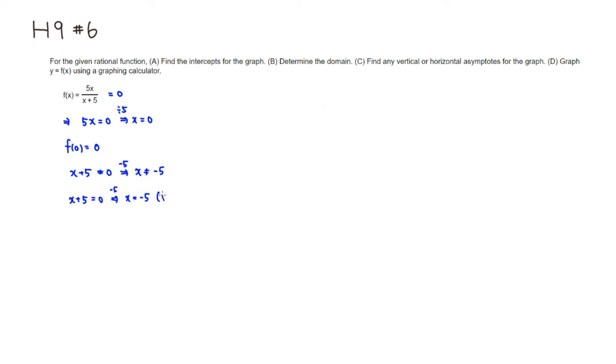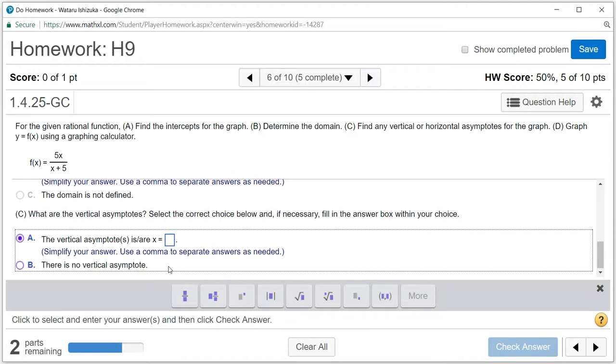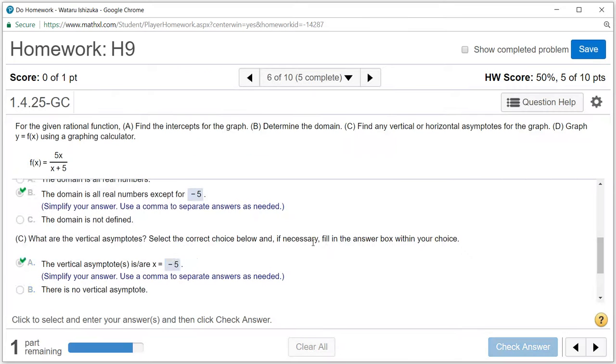So this is going to be the vertical asymptote. The vertical asymptote is x equals negative 5. That's where the function graph blows up and blows down. Let's check the answer. We got that.